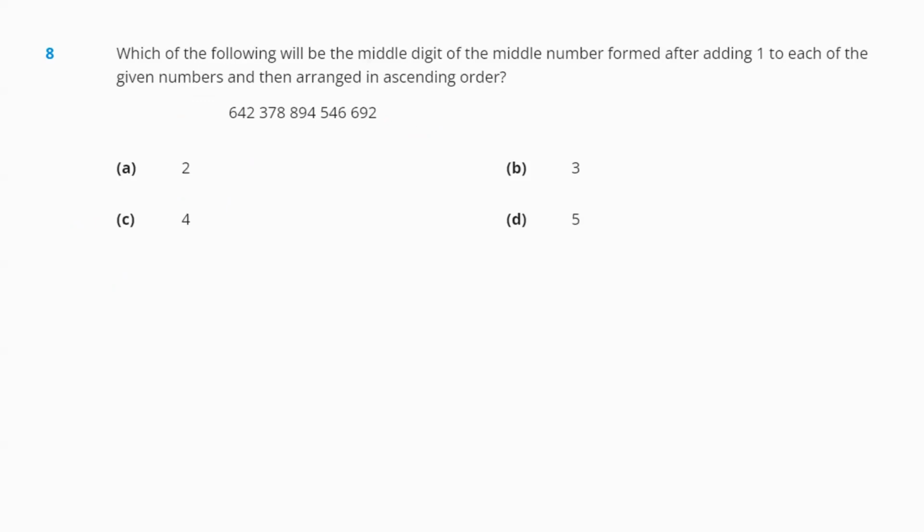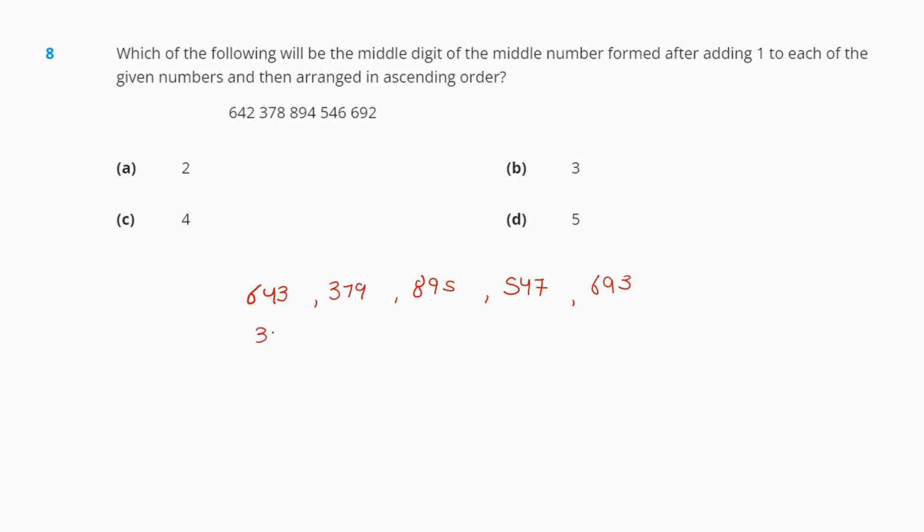Which of the following will be the middle digit of the middle number formed after adding 1 to each of the given numbers, then arrange them in ascending order? So let's first add 1, 642 changes to 643, 379, 895, 5647, and 693. Now let's arrange them in an ascending order.